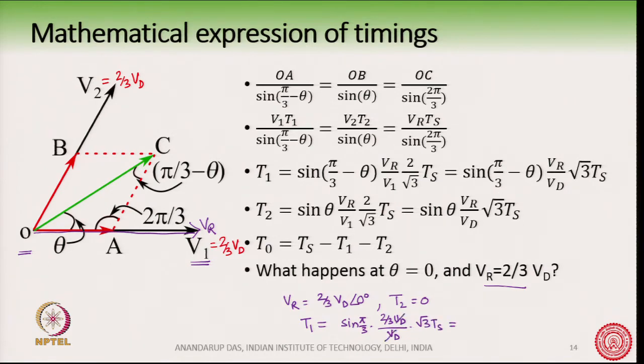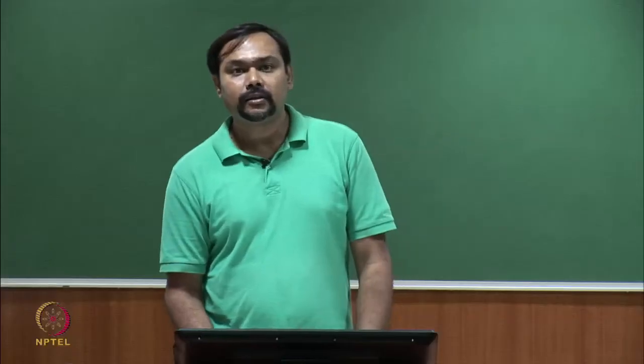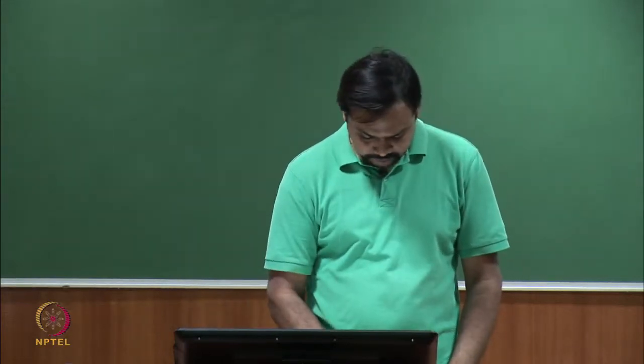So, this value will be root 3 by 2 into 2 by 3 into root 3, into Ts, which is equal to Ts. Therefore, we find that if VR is 2/3 Vd at an angle 0 degree, then T1 is equal to Ts, T2 equal to 0 and T0 is definitely therefore equal to 0. So, throughout the Ts time period, only the vector V1 will be switched.